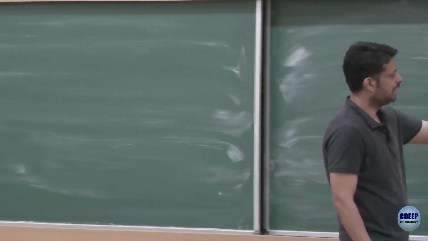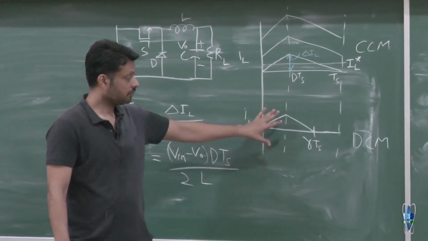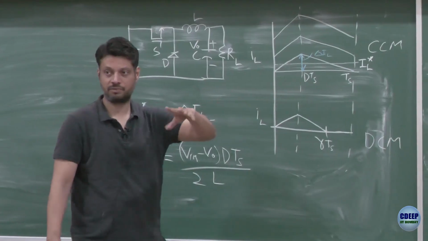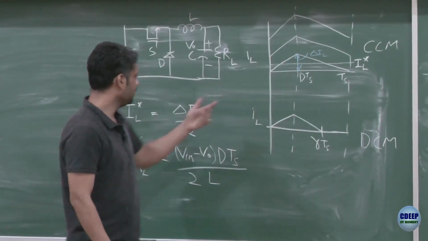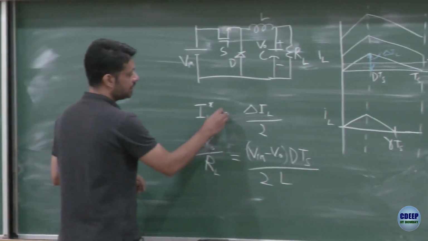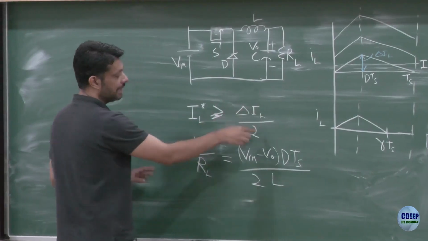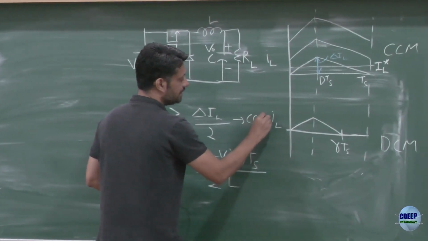Yeah, so we'll come to that. We'll analyze this case in more detail very soon on the next board, just a few more minutes. But nevertheless, you can see that if your average current is more than or equal to delta IL by 2, that implies you are in CCM.